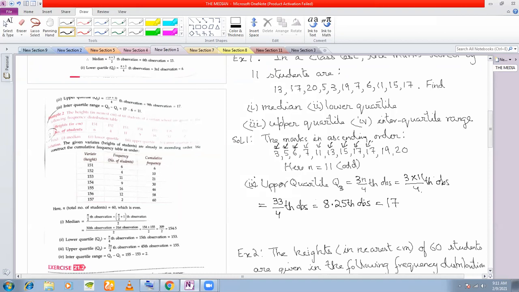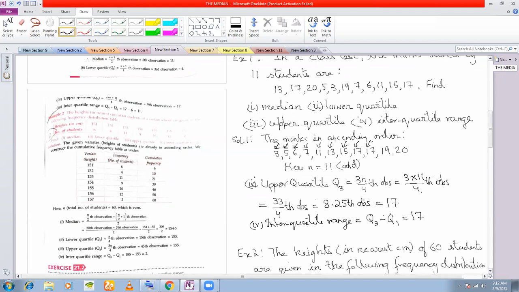And finally, you have your interquartile range. Fourth, interquartile range. You know, interquartile range is Q3 minus Q1.